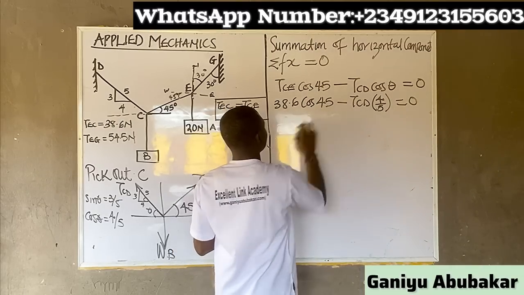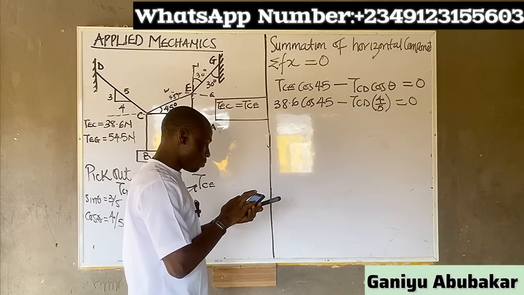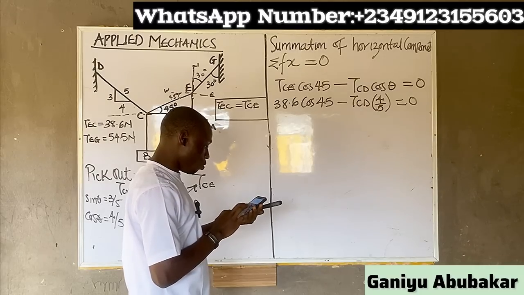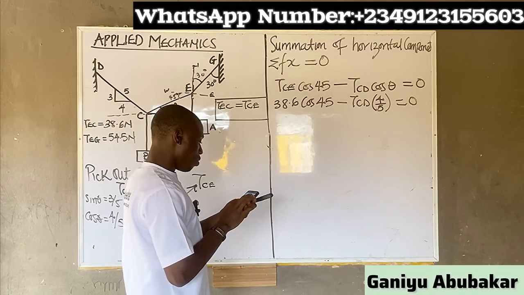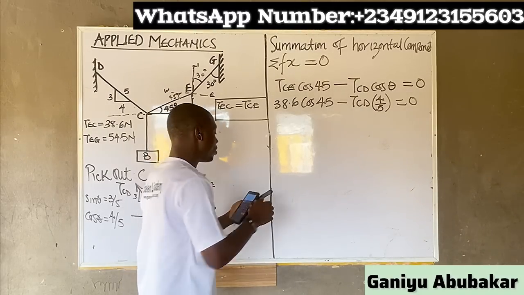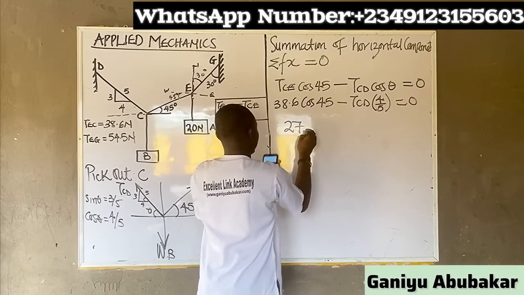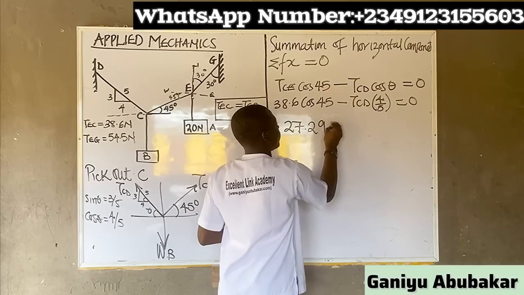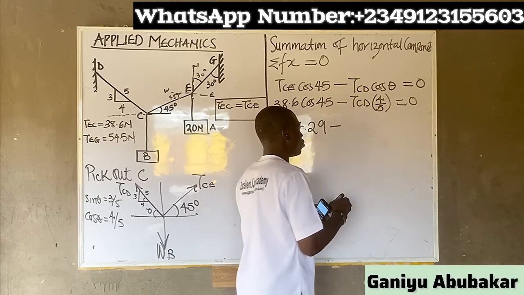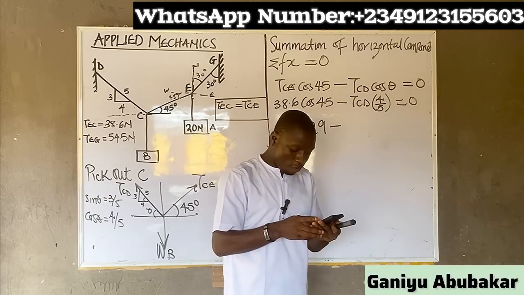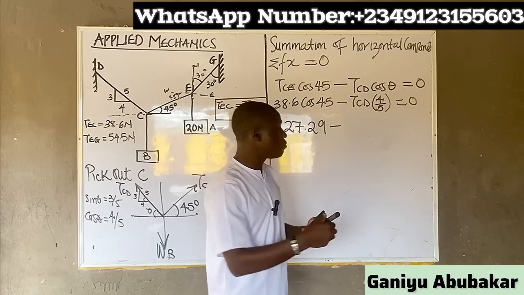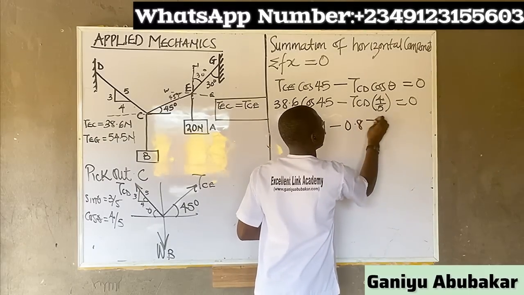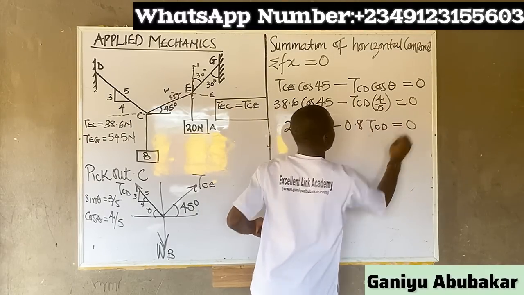If I punch in 38.6 cos 45, this gives 27.29, minus 4 over 5, that gives you 0.8 TCD equals 0.